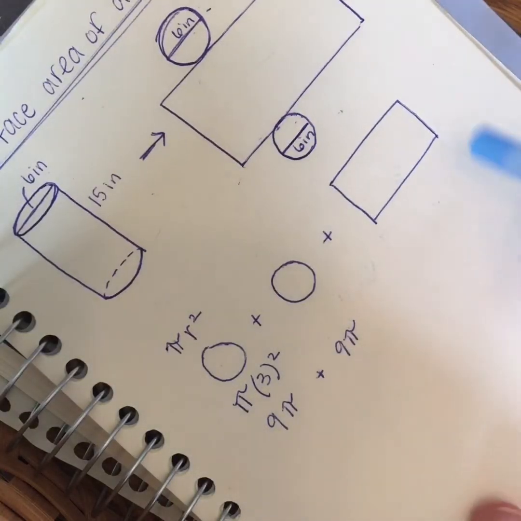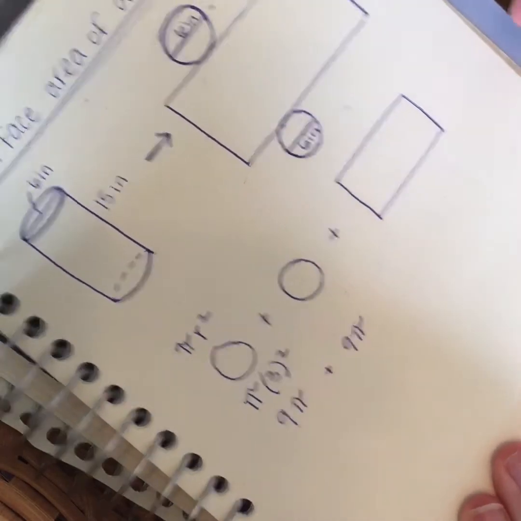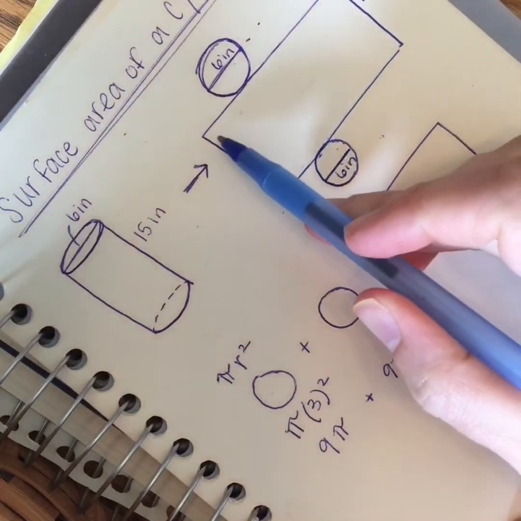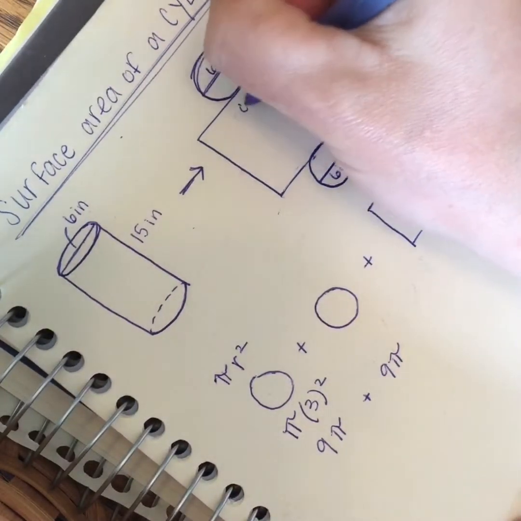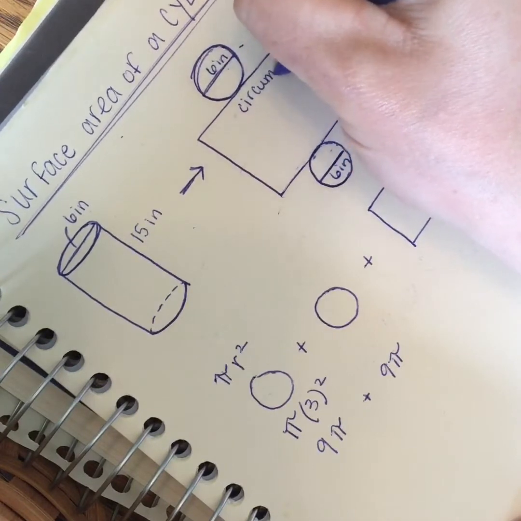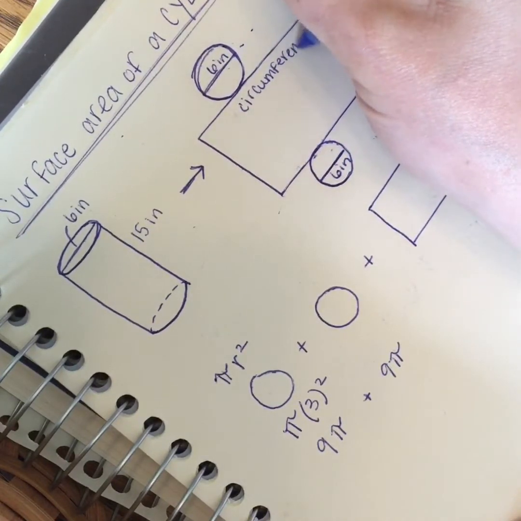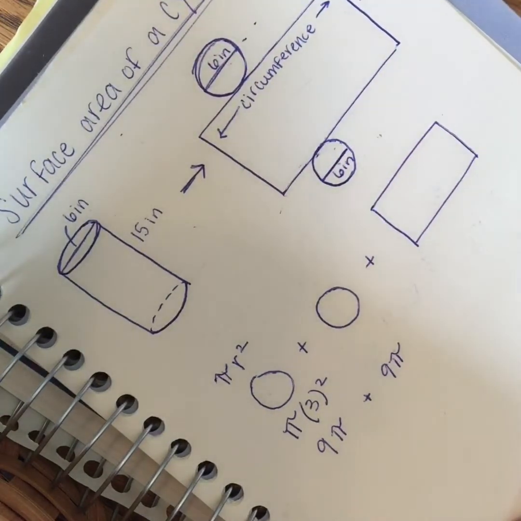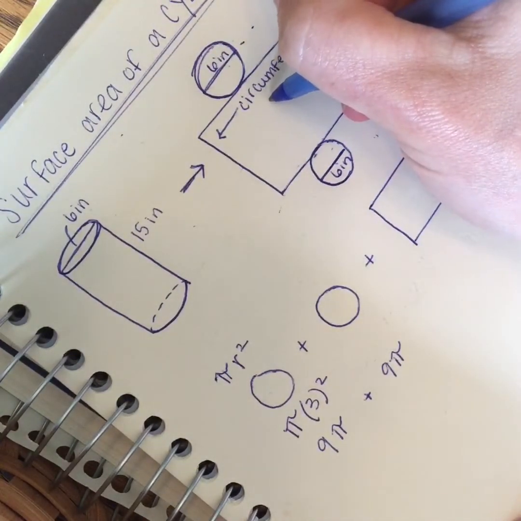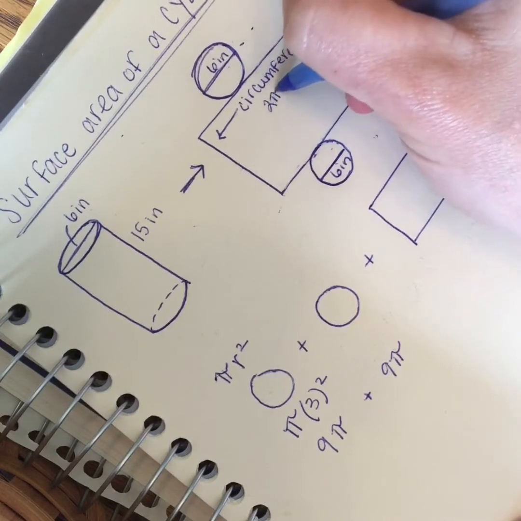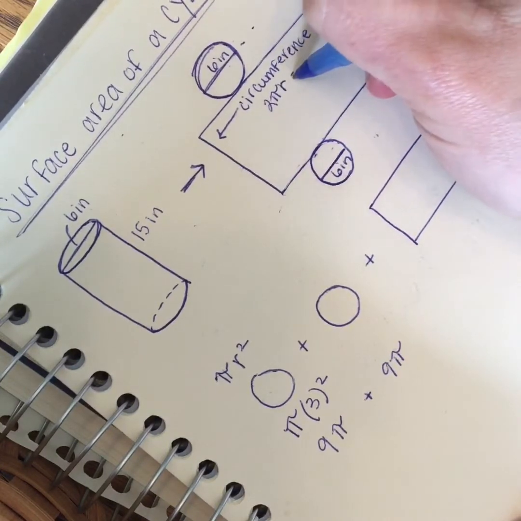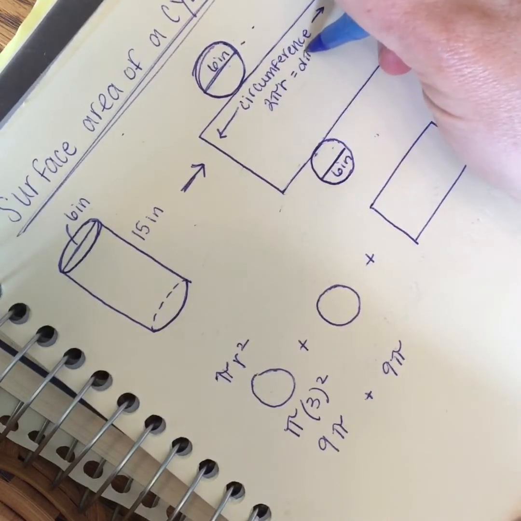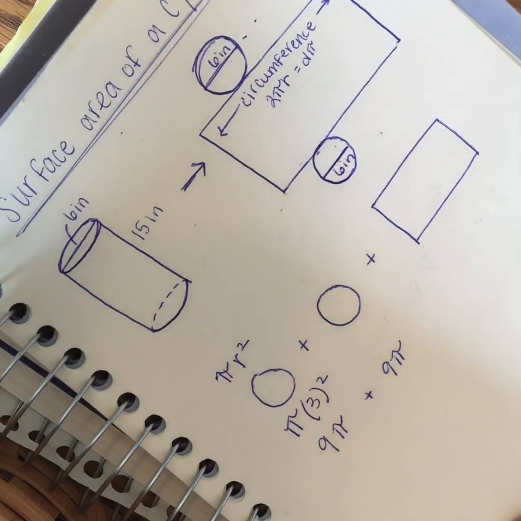So we know that our rectangle has a height of 15, but this side right here is the circumference, which is 2 pi r. Or some people might write it as diameter times pi. Those are the same exact things.